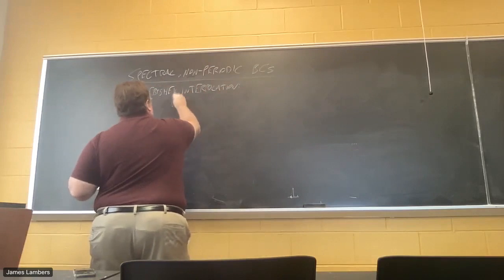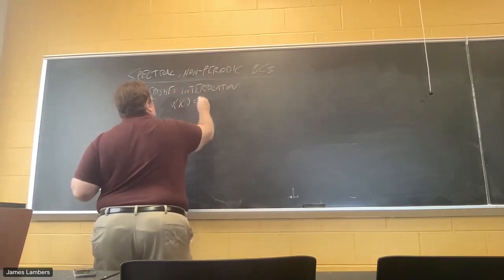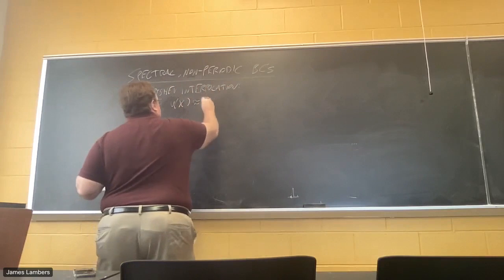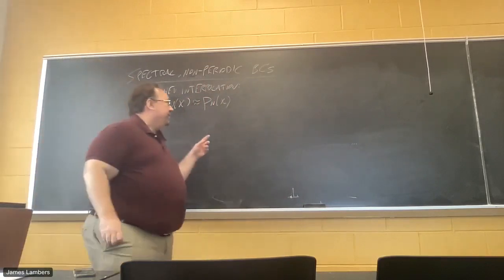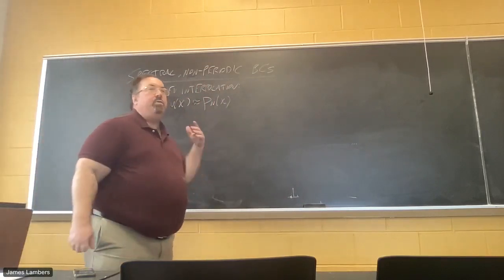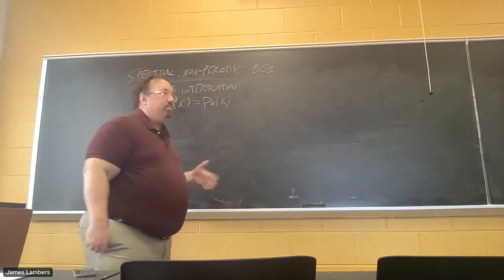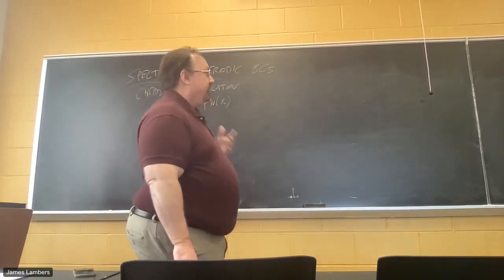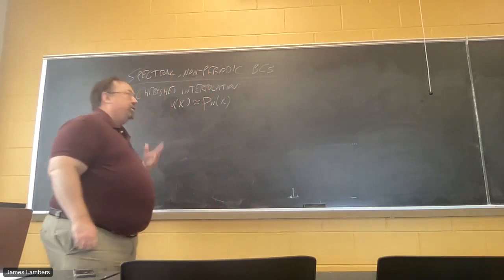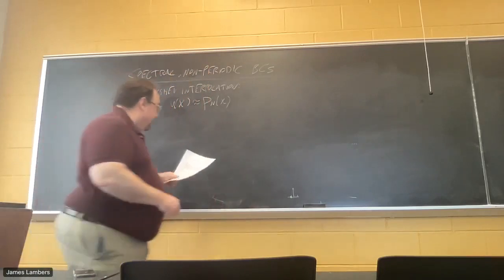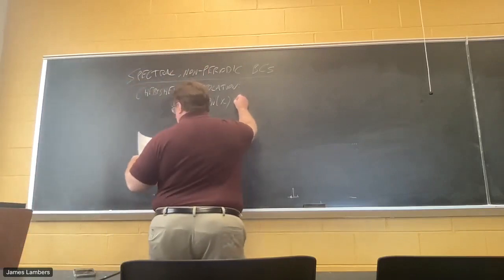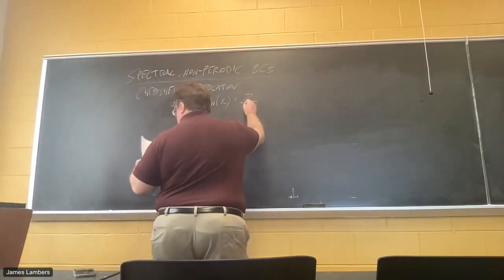So our function u of x is approximated by our interpolating polynomial, which is called Pn of x. When you have an interpolating polynomial, typically the subscript that you give to it is the degree. Now we have n plus 1 interpolation points. The degree will be 1 less than that, so n. And I'm going to write that in Lagrange form.